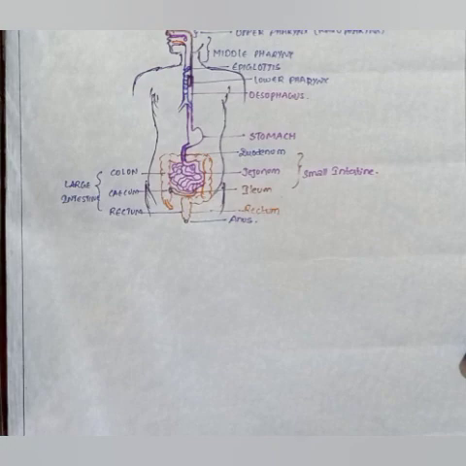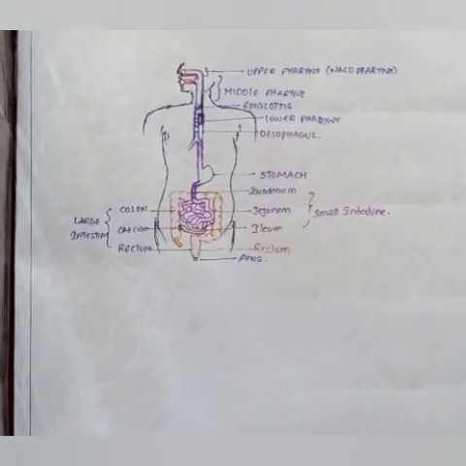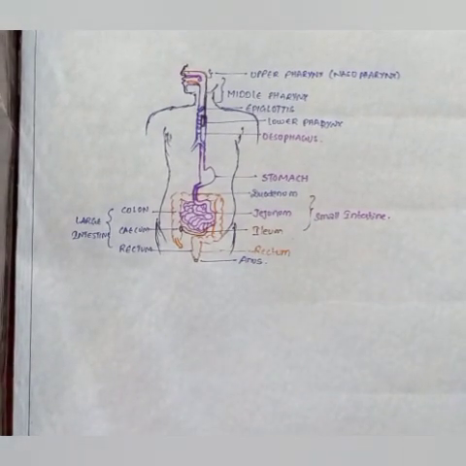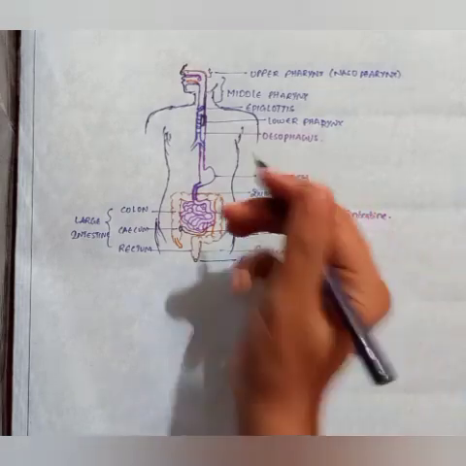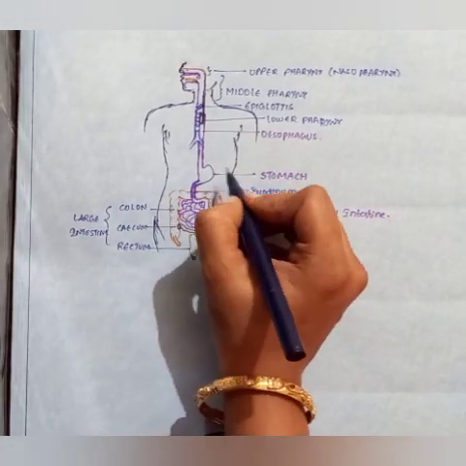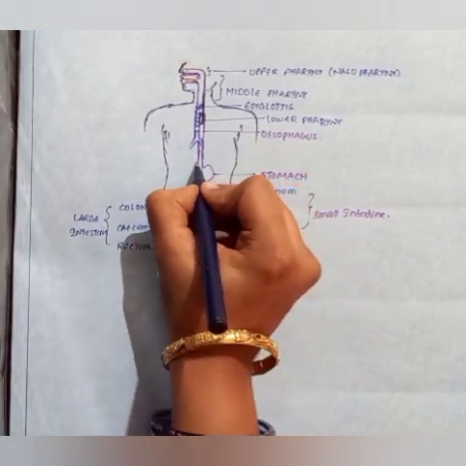So now we'll talk about the digestive glands as well. In the digestive glands, we have important glands like the liver. Then we also have the pancreas. For the liver, I'll be using black color, right? Our stomach will be on the left side, right? So we have the liver like this below.